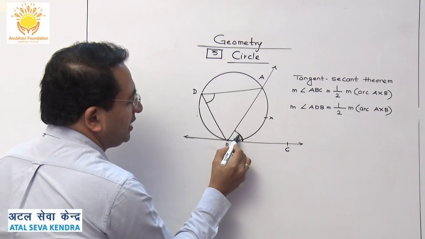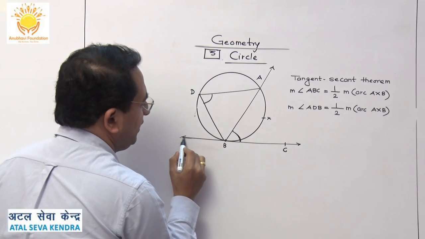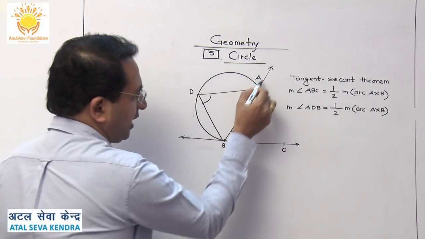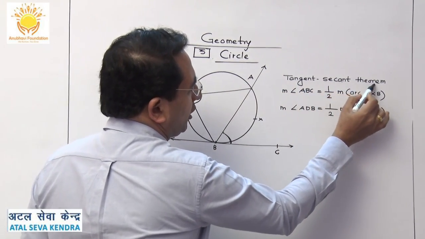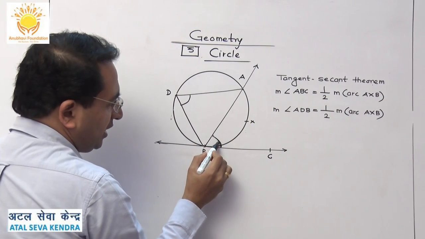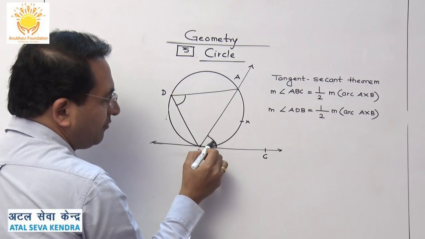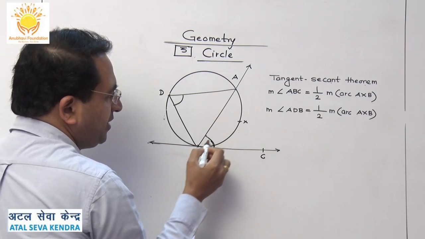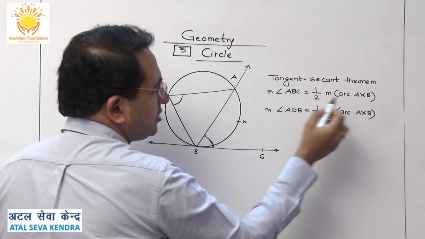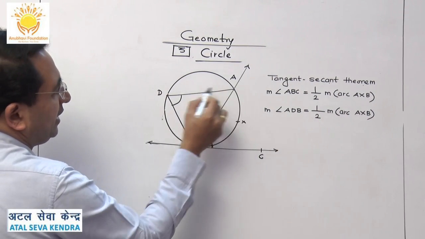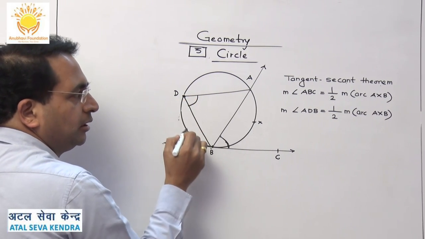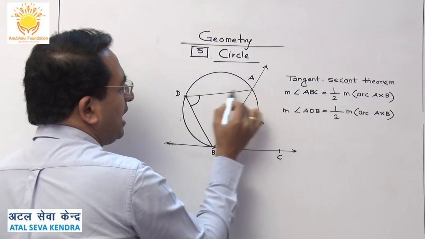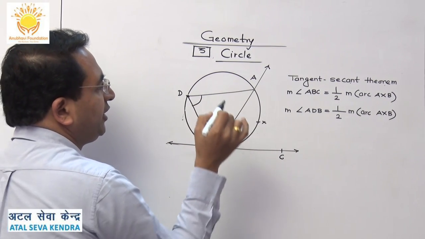See, one more thing, I will clear it now. This angle is the angle formed between tangent and secant. So by using tangent secant theorem, major angle ABC will be half of arc AXB. Similarly, angle ADB is formed on the circumference, and both these arms are lying in the interior of a circle.